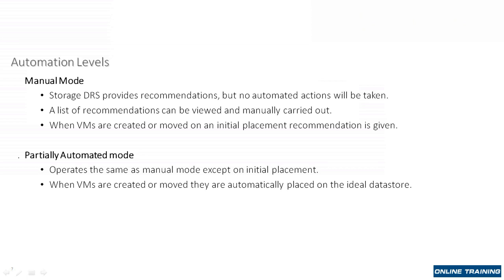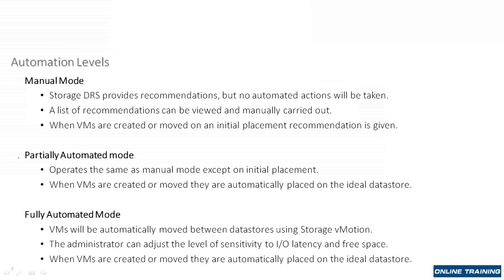Storage DRS isn't going to automatically move anything anywhere, but when we're creating a new virtual machine or new virtual disk, storage DRS will decide where to put it. And then finally, we have fully automated mode, where our storage DRS cluster will automatically use storage vMotion to migrate virtual machines from one data store to another, again, for the purposes of load balancing capacity and latency.